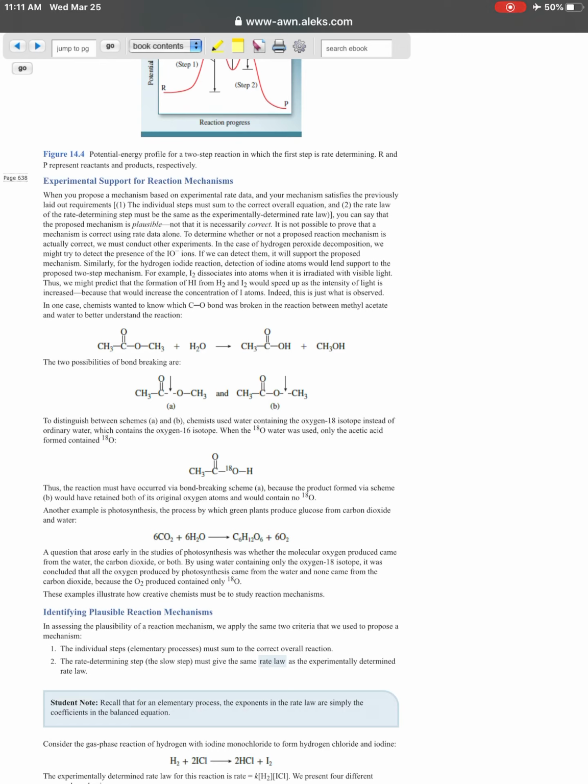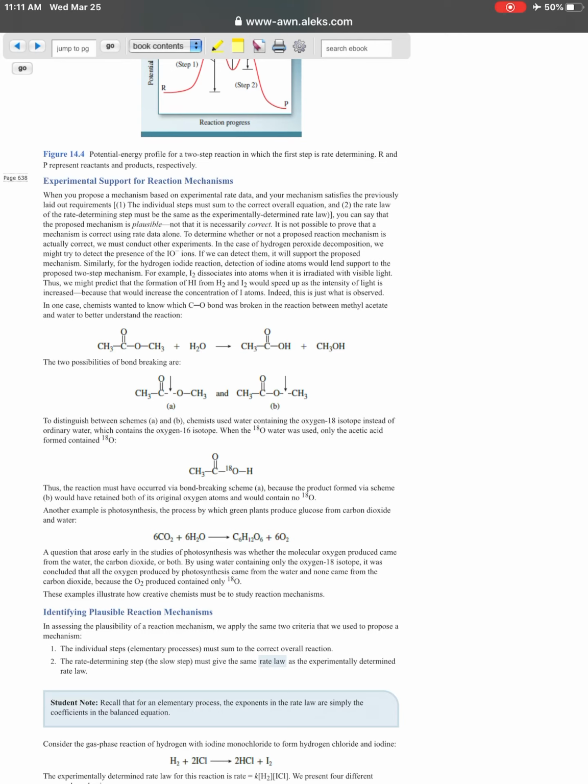Another example is photosynthesis, the process by which green plants produce glucose from carbon dioxide and water. 6CO2 plus 6H2O, arrow, C6H12O6 plus 6O2. A question that arose early in the studies of photosynthesis was whether the molecular oxygen produced came from the water, the carbon dioxide, or both.